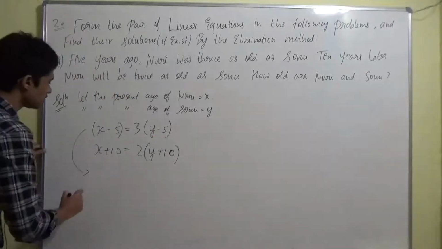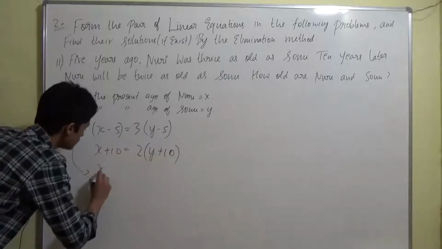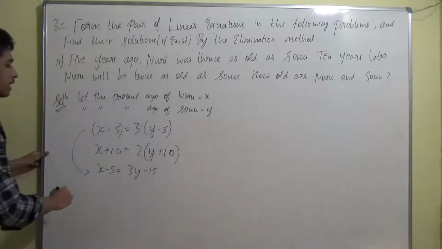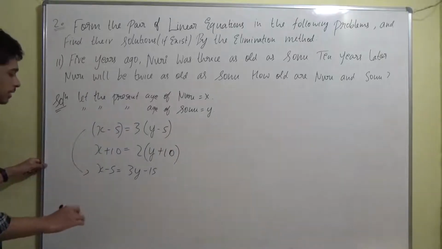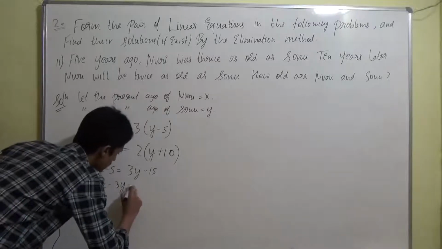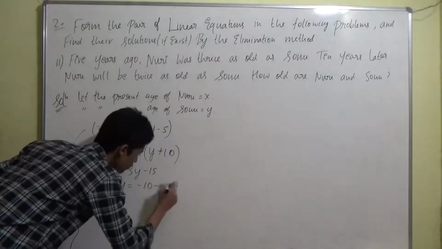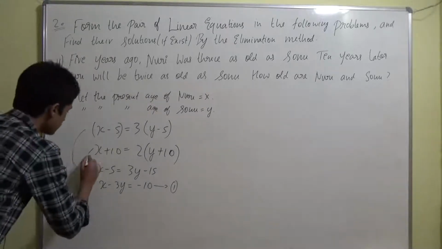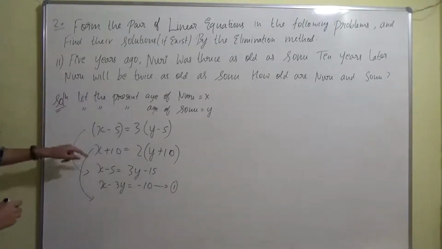Let me expand this equation here. It becomes X minus 5 equal to 3Y minus 15. Let's bring all the variable terms to one side and all the numerical terms to the other side. It becomes X minus 3Y equal to minus 10. So this becomes equation 1. Now let's expand this one.